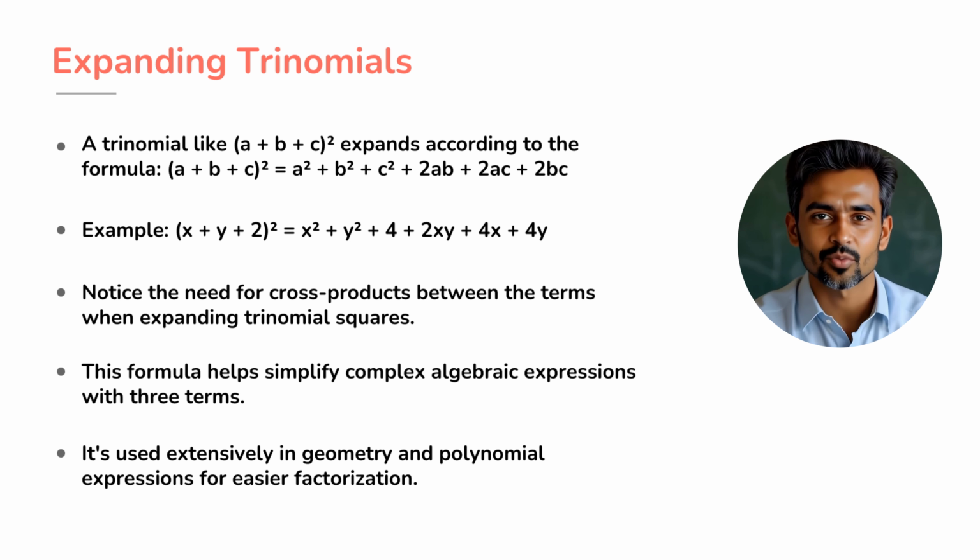Let's take x plus y plus 2 squared. Using the formula, x plus y plus 2 squared equals x squared plus y squared plus 2 squared plus 2 times x times y plus 4 times x plus 4 times y. This method works for any trinomial, breaking it down into simpler terms. Expanding trinomials becomes easy once we understand the pattern.